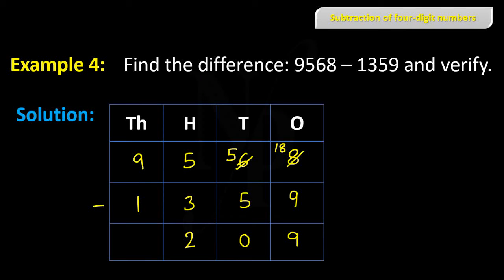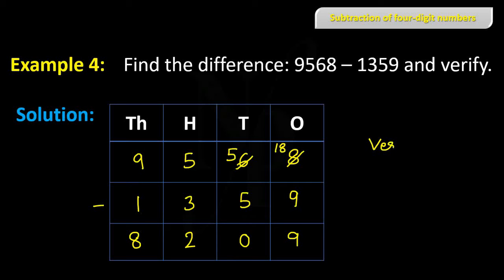Or simply 5 minus 3 is 2. Coming to thousands column, here we have 9 thousands and 1 thousand. So 9 thousands minus 1 thousand is equal to 8 thousands, or 9 minus 1 is equal to 8. The difference is 8209. Let us verify our answer.